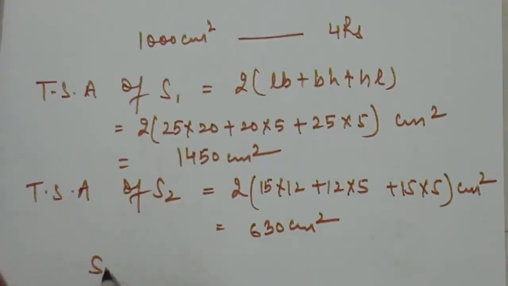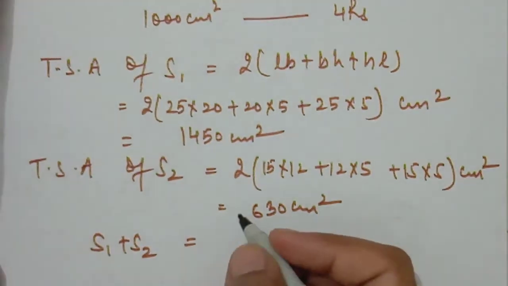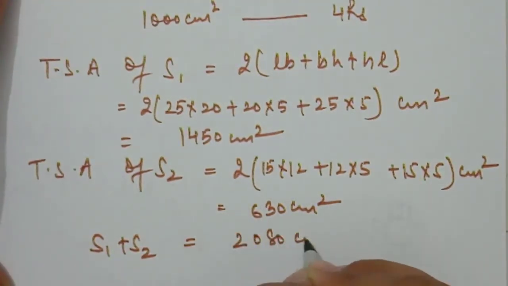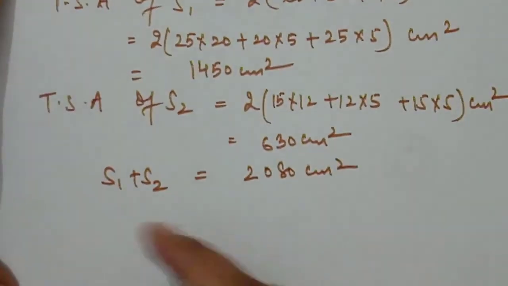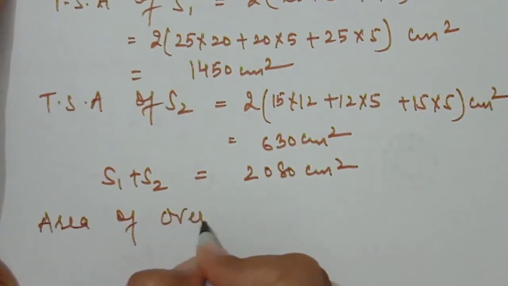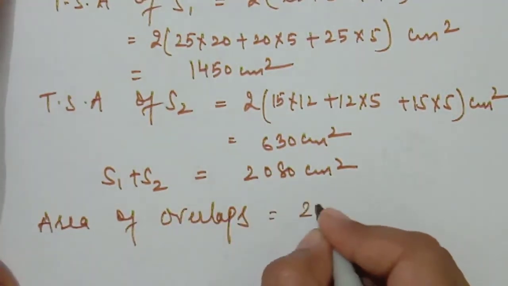So we add the areas of both boxes, because we need 250 of each, which is S1 plus S2, 2080 centimeter square. Now the area of overlaps, because we have to take this also, which is 5% of the total.